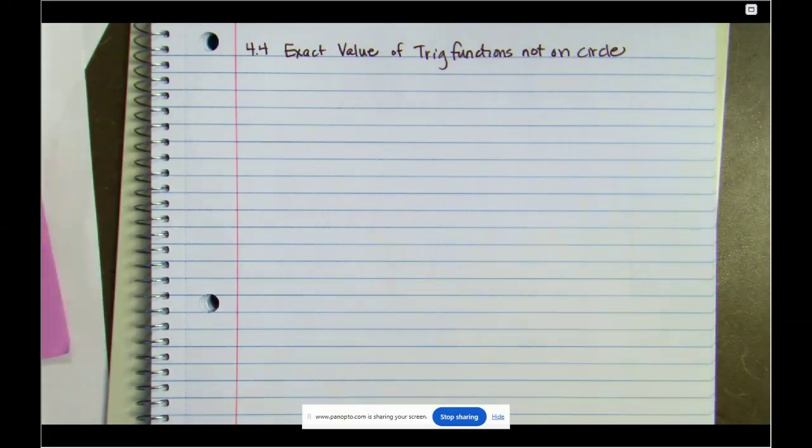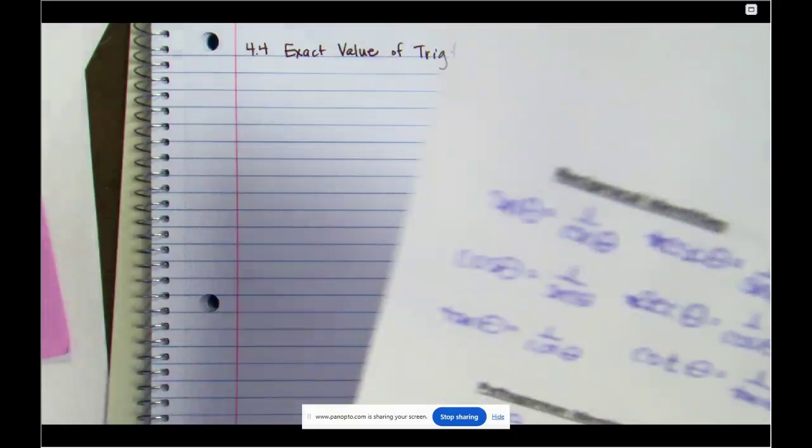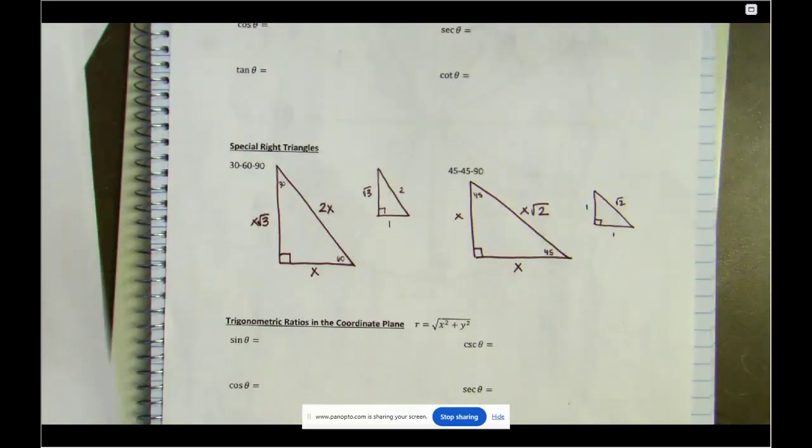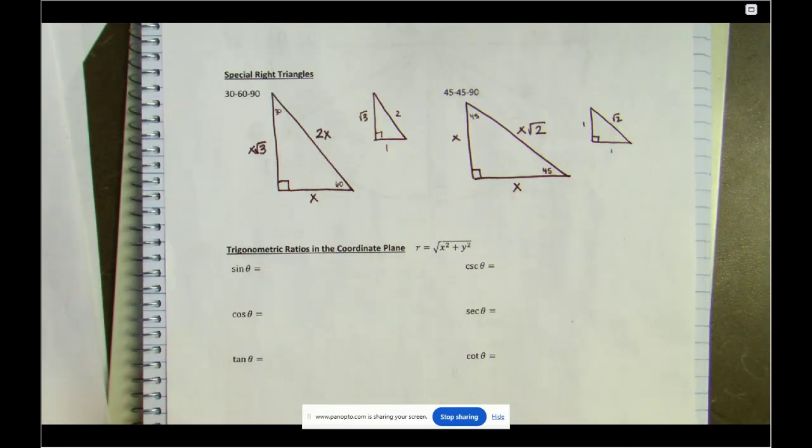Okay. I need you to find page 1 of your thing here. You're going to use that. We don't need it immediately.